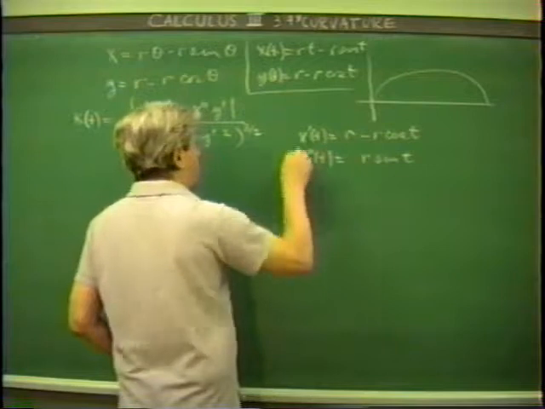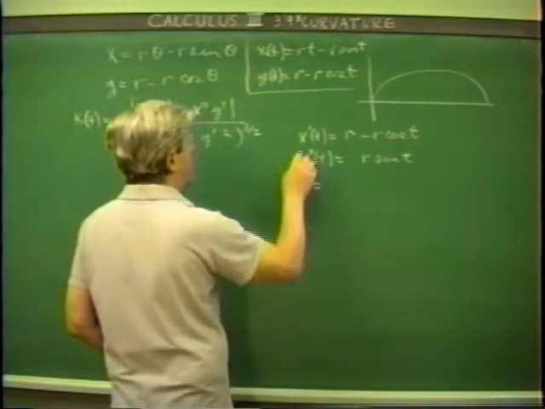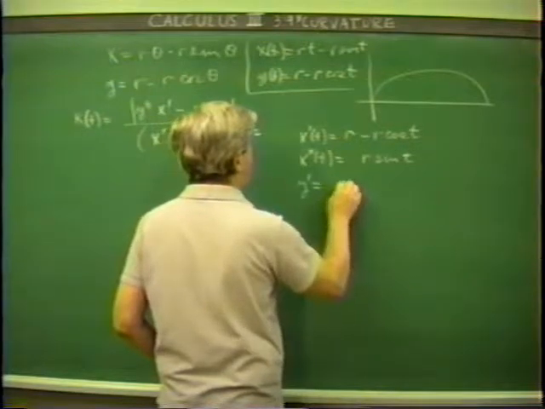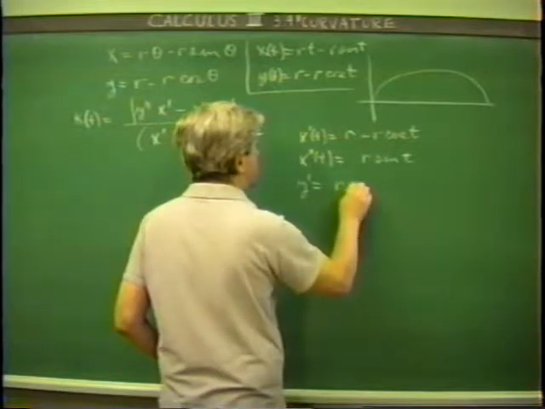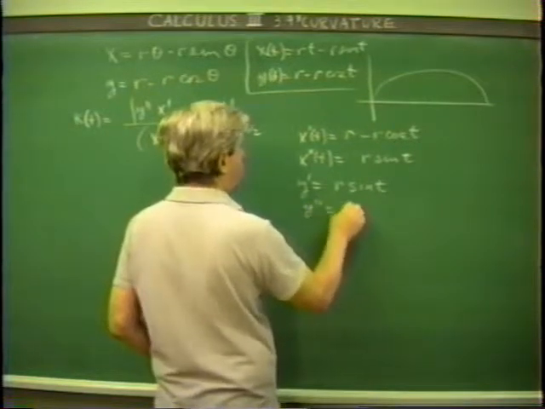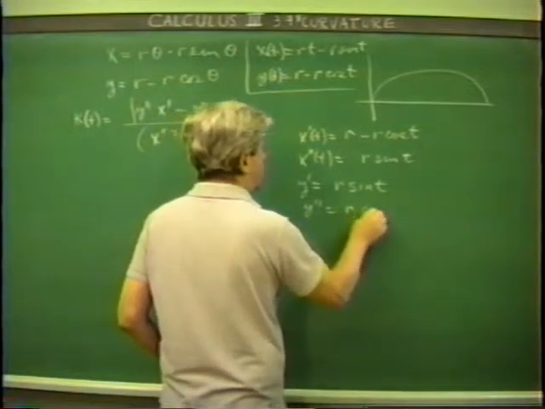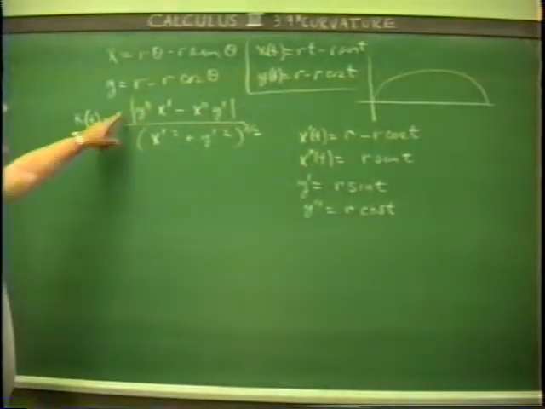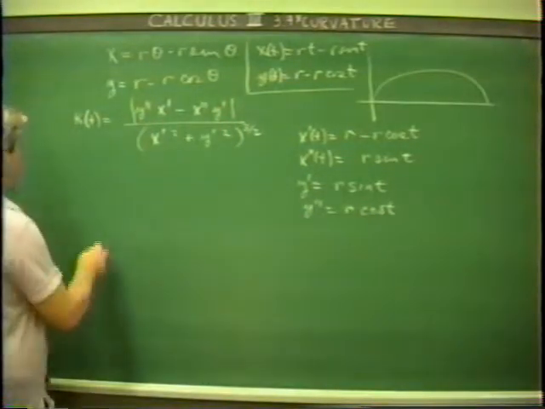Derivative of cosine is minus the sine, so we get r sine of t because of the minus sign. That's x double prime. y prime is r sine t. And y double prime is r cosine t.